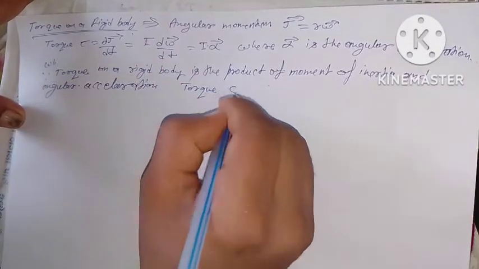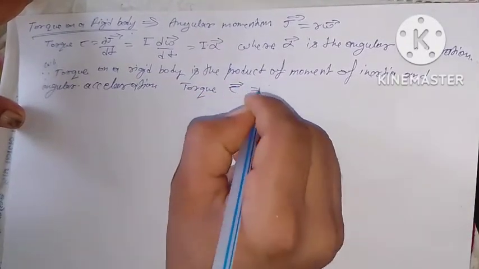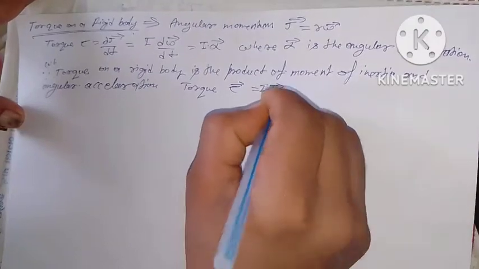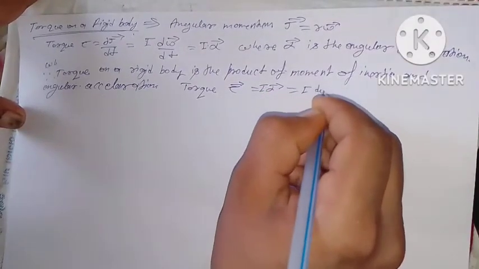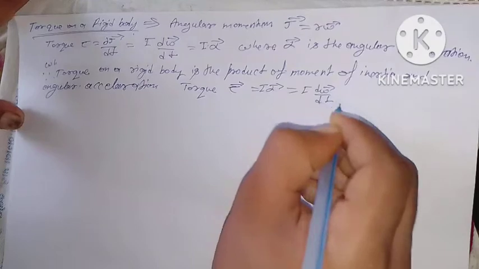So torque vector tau equal to I alpha vector equal to I d omega vector upon dt.